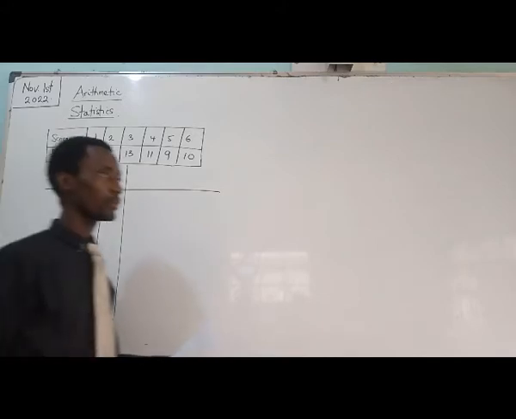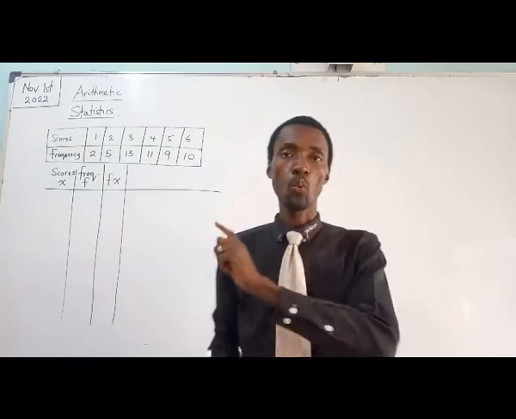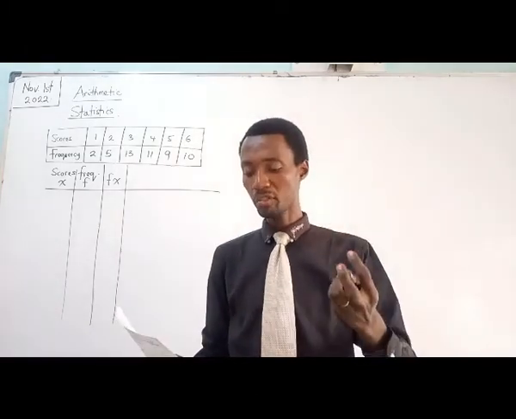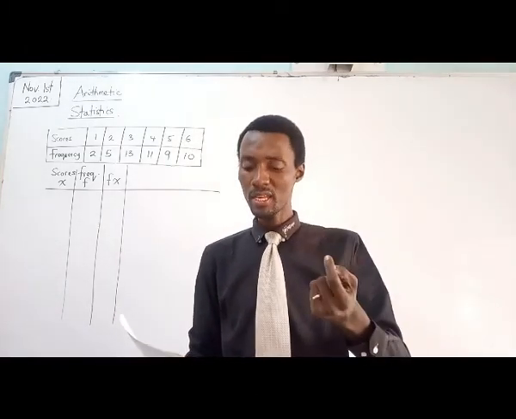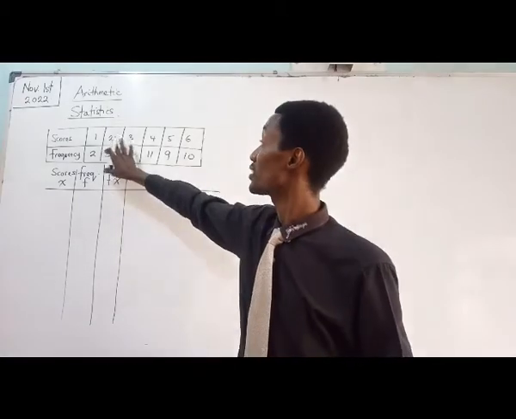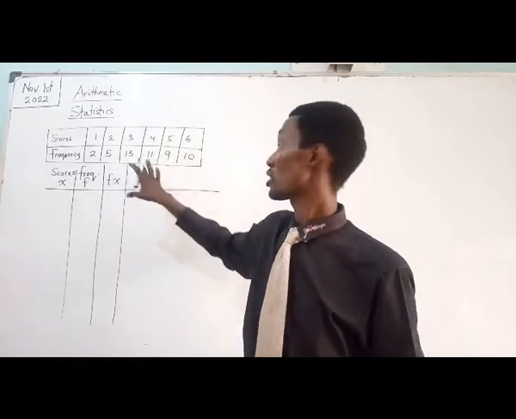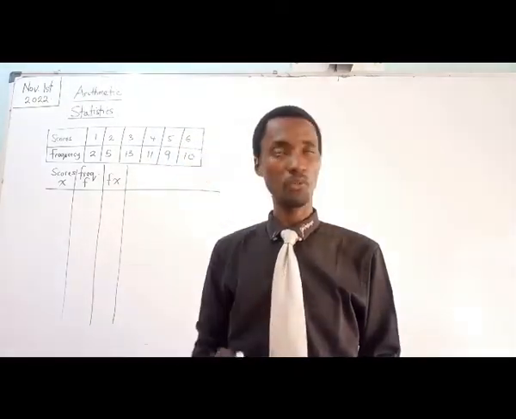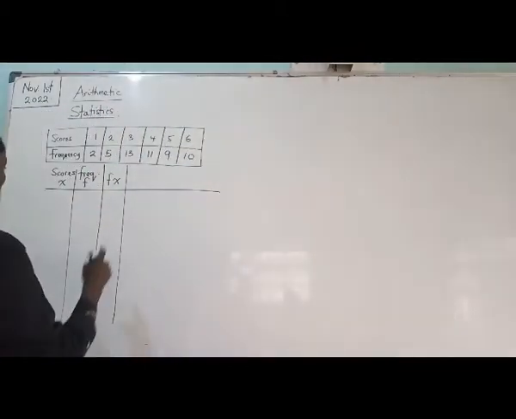Something else I'm going to tell you here. When you're given a question like this, we're told to look for mean, mode, median, range. Now for mode, median, and range, you can actually look at this table to get those answers. You just need to look at this and you get the answers. It's not something you really need to do much work for. Right?